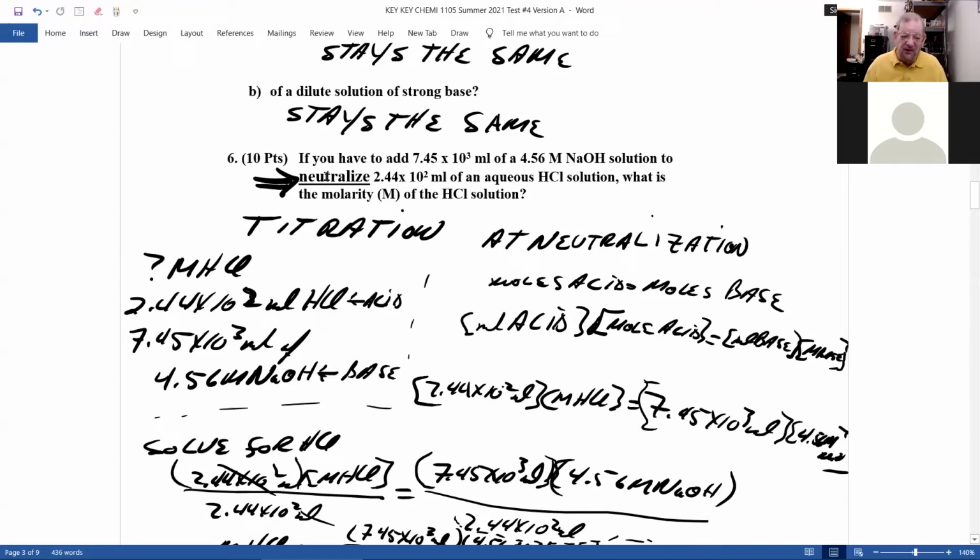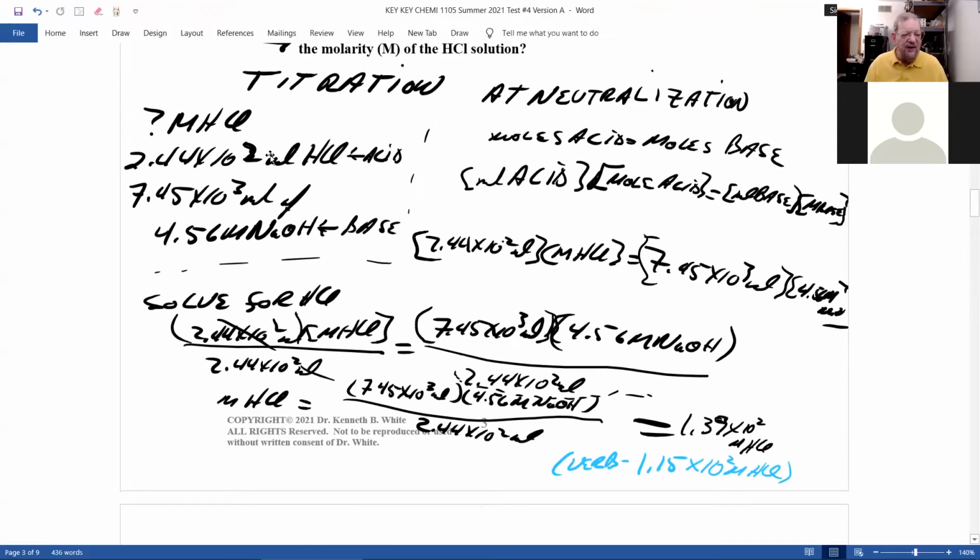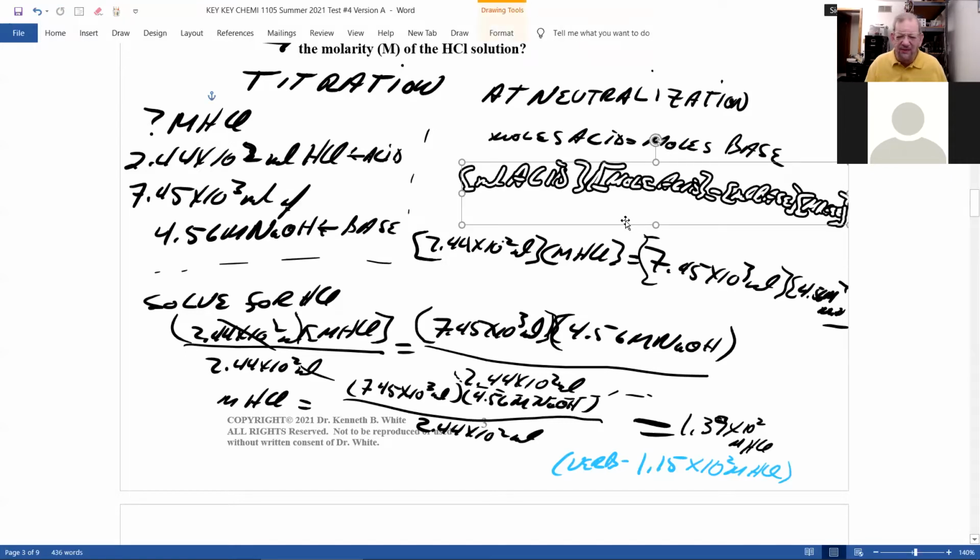As soon as you see the word neutralize and you're trying to calculate a molarity, it's a titration. We're given the milliliters of HCl, and the milliliters and molarity of NaOH, the base. At neutralization, moles of acid equal moles of base, which means milliliters of acid times molarity of acid equal milliliters of base times, not moles, that should be molarity. Oh, hold on.